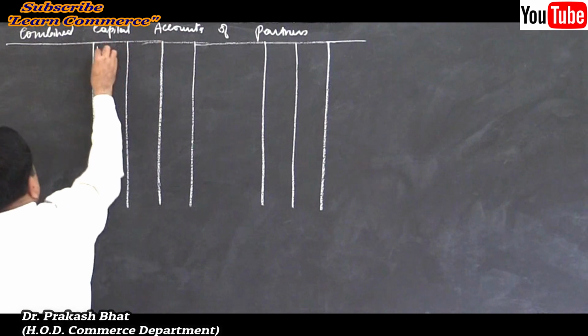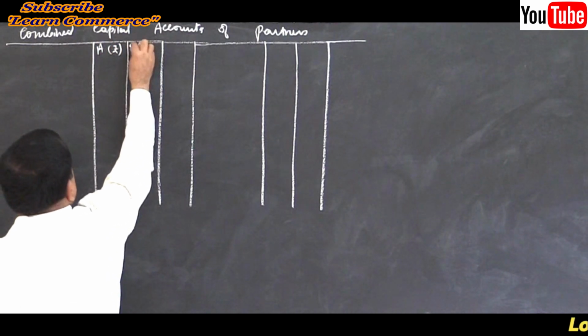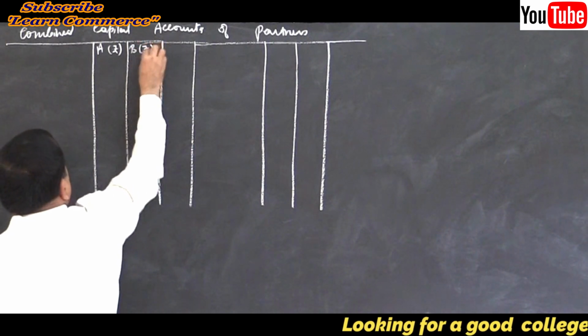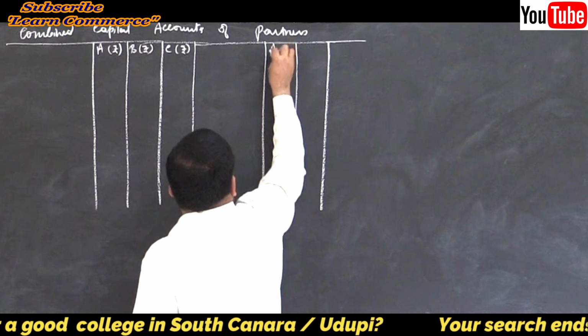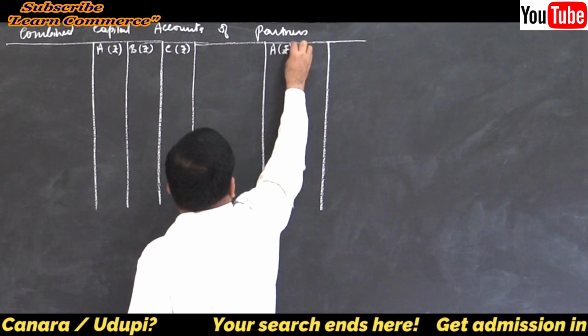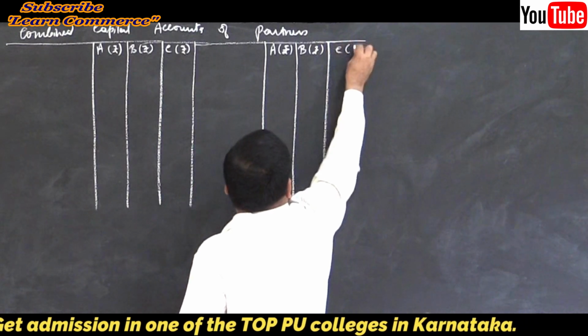Write the names: Amit, Bhimu and Chandru. Write in full. Writing debit and credit is a must.